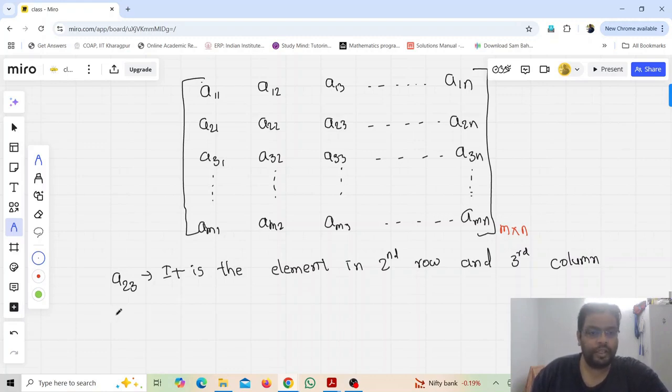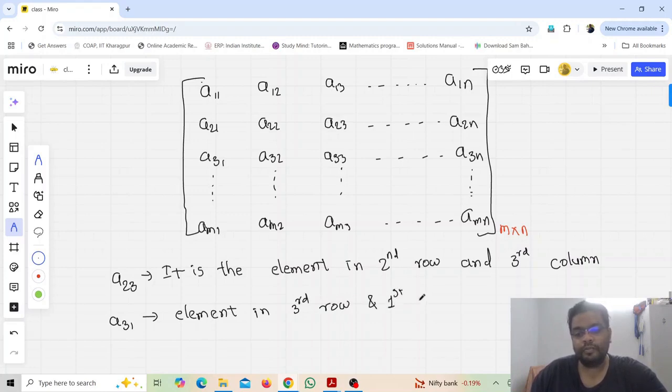Or A31, element in third row and first column. Make sense?